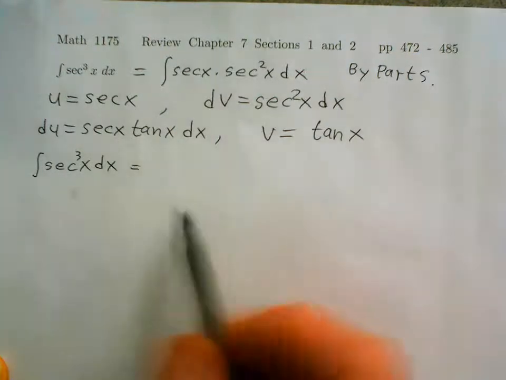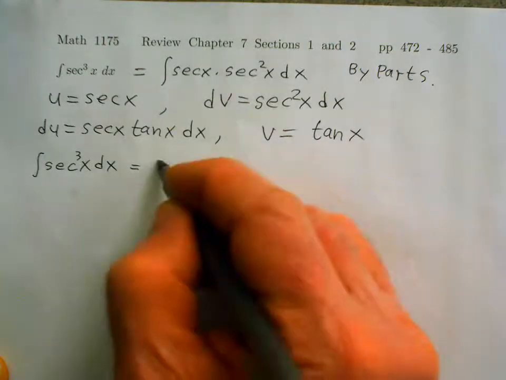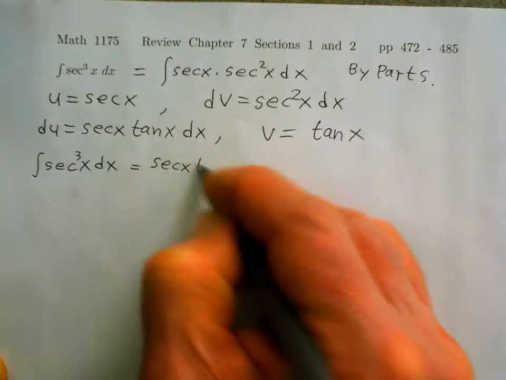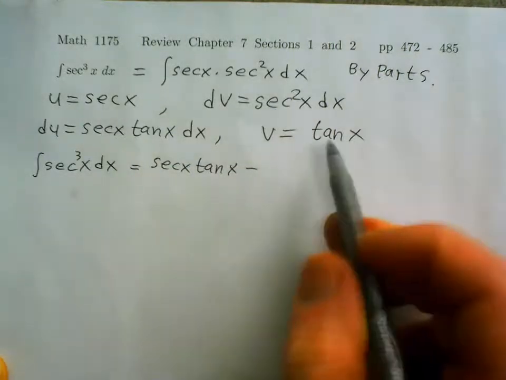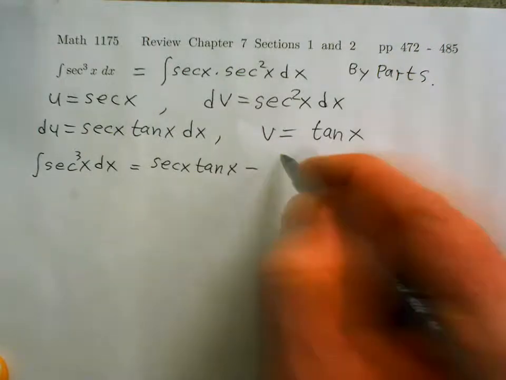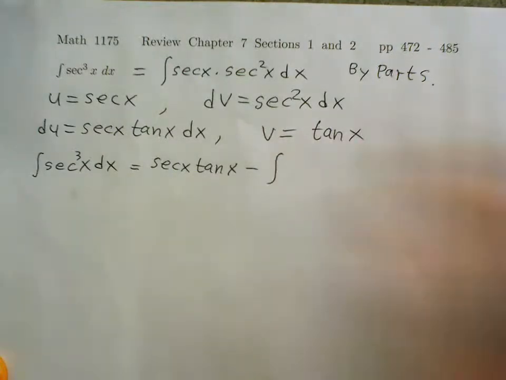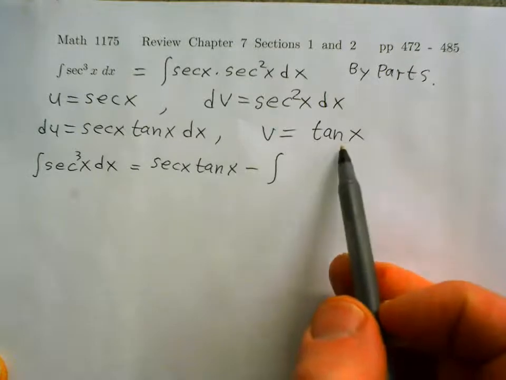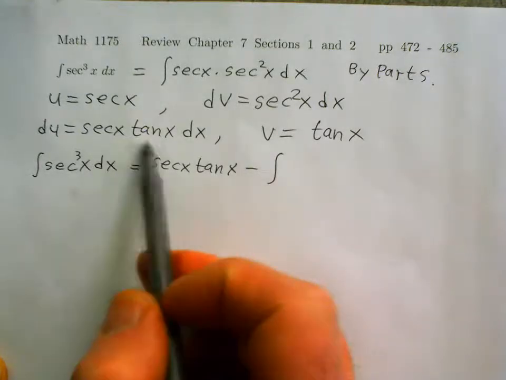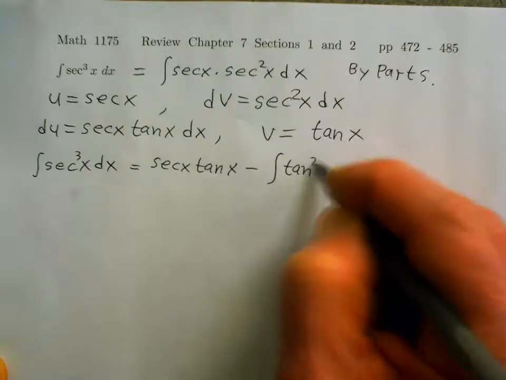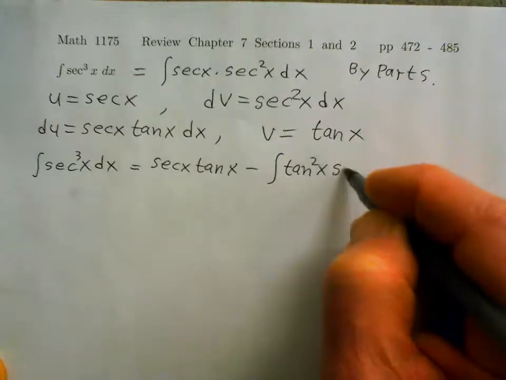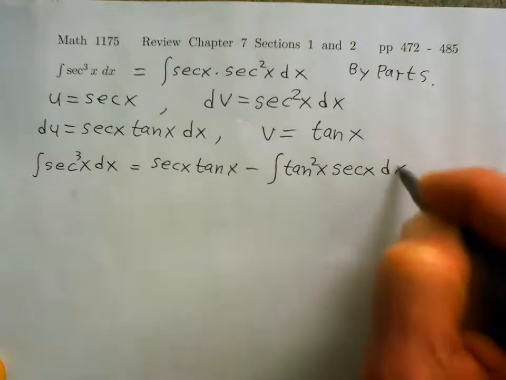So that's equal to u times v, or secant of x times tangent of x, and then minus v du, minus the integral of v du. So that's tangent of x times secant of x times tangent of x, but we'll write that as tangent of x squared times secant of x dx.